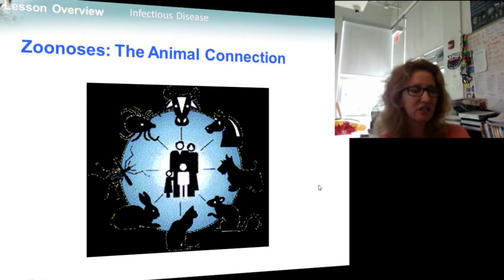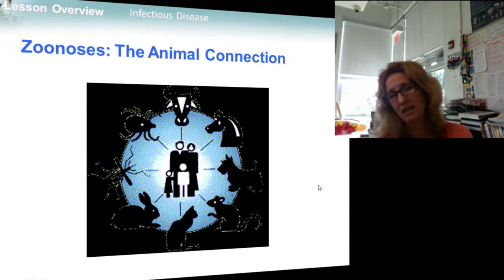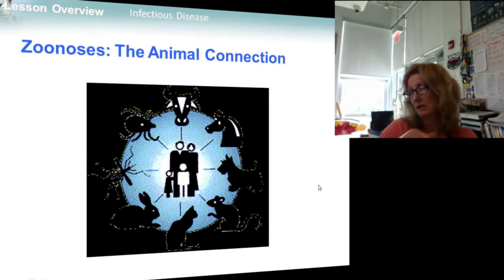These carriers are called vectors, and they transport the pathogens but usually do not get sick themselves. Mosquitoes can transfer the West Nile virus between birds and humans. In other cases, infection may occur when a person is bitten by an infected animal, then consumes the meat of the affected animal, or comes into close contact with an infected animal's waste or secretions.